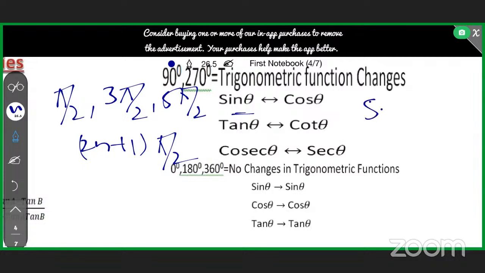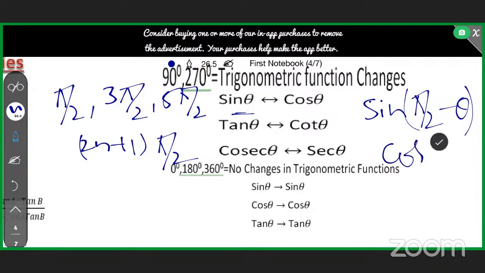Let us say sine of pi by 2 minus theta. Now my angle is pi by 2 minus theta, so pi by 2 is there, and I have to change. Sine becomes cos. And what is the angle left out? The angle left out is theta. Now I have to decide which sign to put, plus or minus.